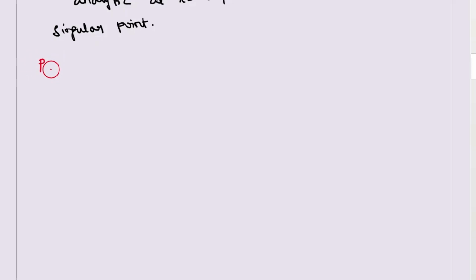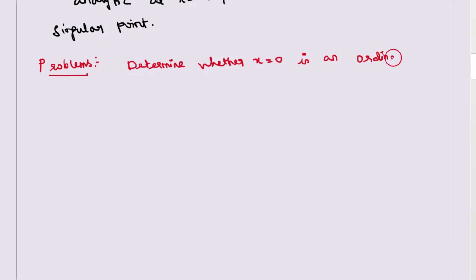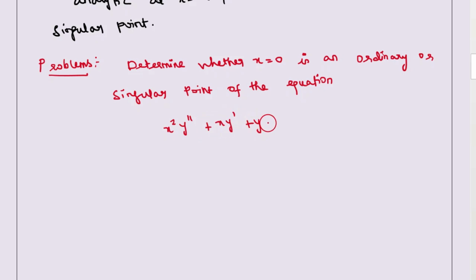Example problem. Determine whether x equal to 0 is an ordinary or singular point of the equation x square y double dash plus x y dash plus y is equal to 0.